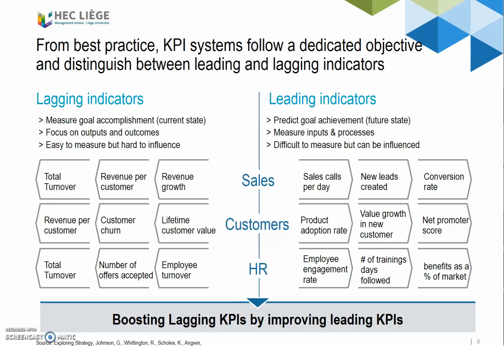So they are sometimes more difficult to measure, but you can influence them. Those ones, they are straightforward. They come from your balance sheet, your P&L, your analytical accounting, but you cannot really influence them. Right? It's more the result than the cause.